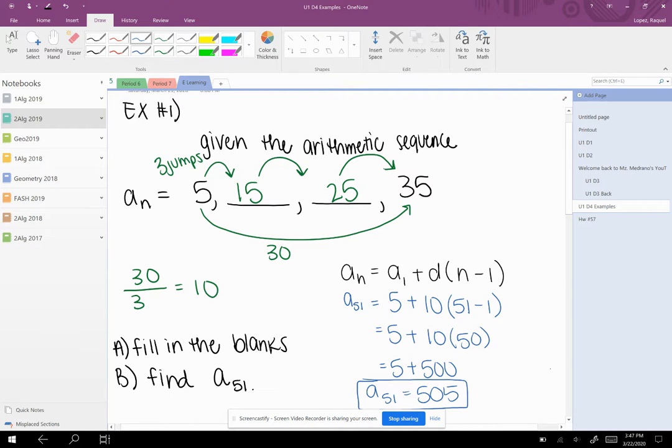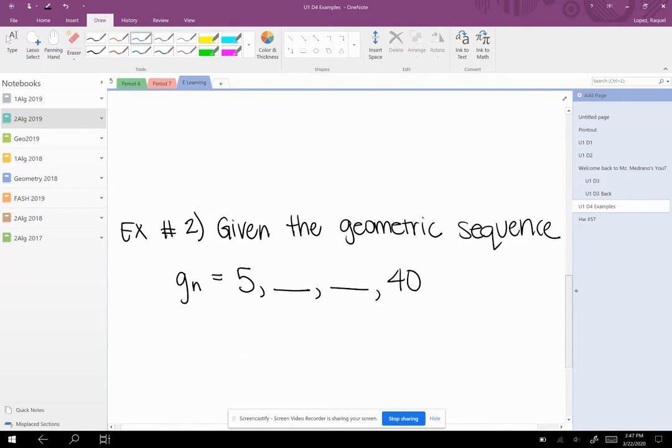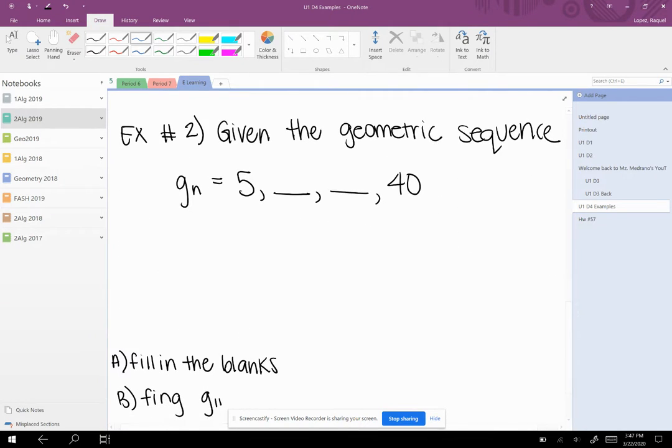And that's it. All right, let's take a look at another example. What if I give you a similar sequence where I give you the first term, the fourth term, and some blanks in the middle? So we have to figure out what goes in those blanks, right? We're going to follow a different set of steps. It's going to be different because this is now a geometric sequence and not an arithmetic sequence.